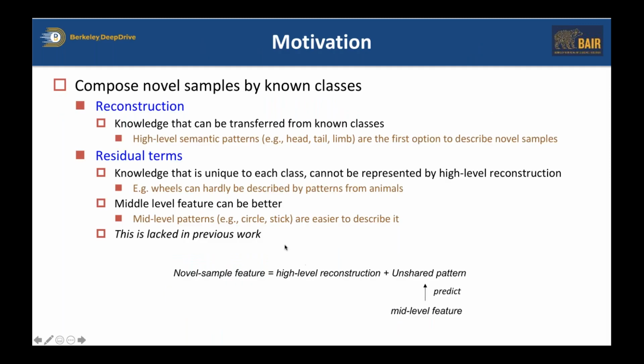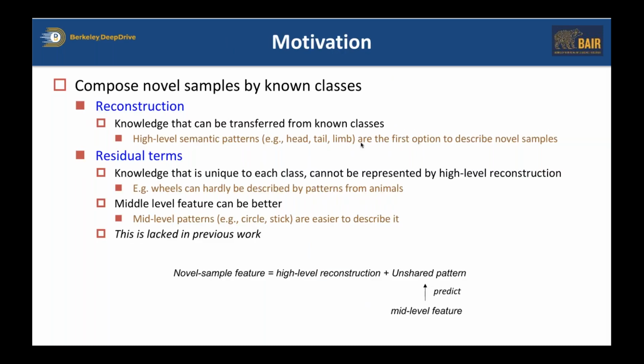Based on this observation, we would like to compose the novel samples from the known classes. We first do the reconstruction, because knowledge can be transferred from the known classes into the unknown classes with the high-level semantic patterns, especially when the source and the target are not that different from each other.